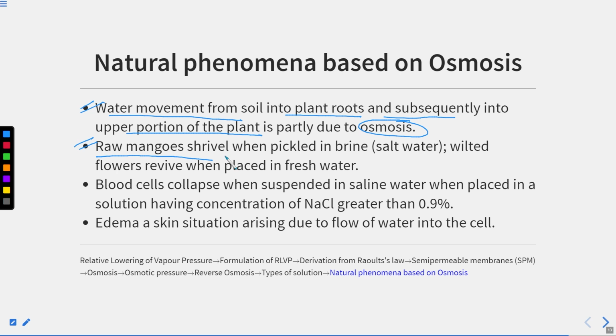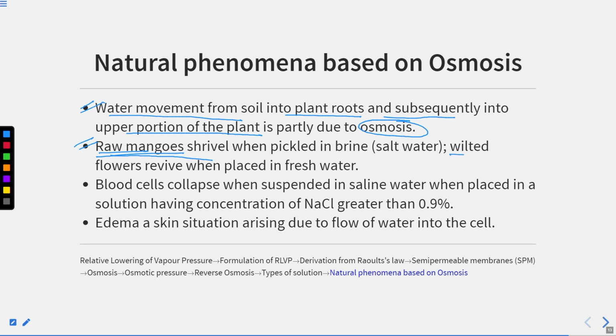Brine solution simply means salt and water, and that concentration is higher than the concentration present inside the mango. Now what will happen? To maintain the concentration equilibrium, the water will flow from our mango towards the solution, right? And this will result in shrinking or shriveling of the raw mango.